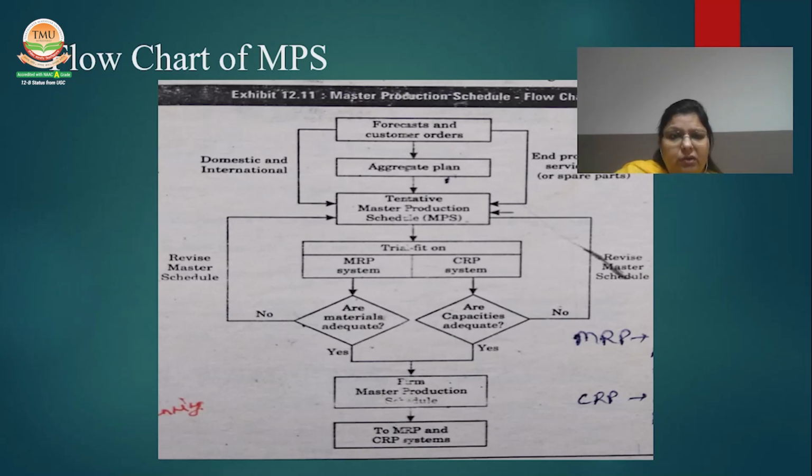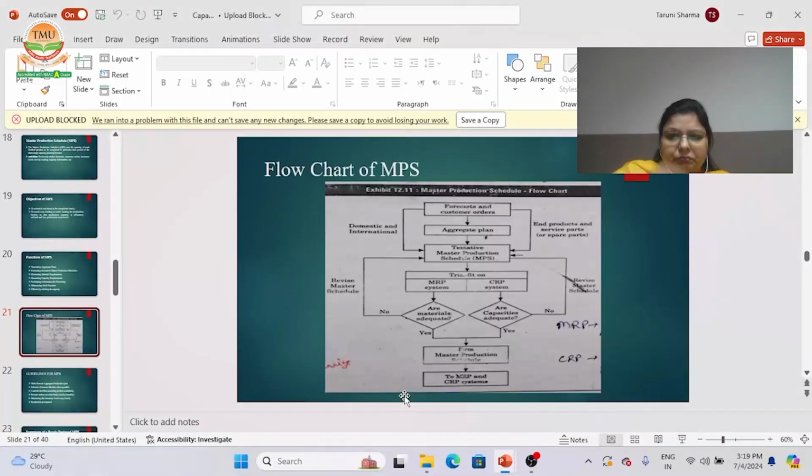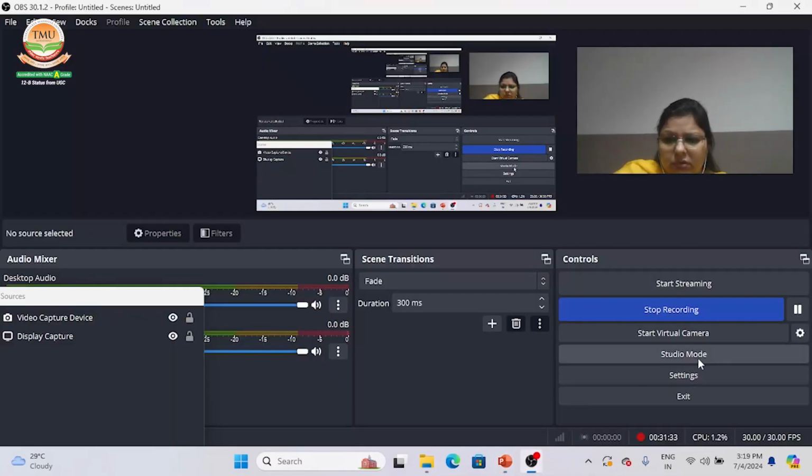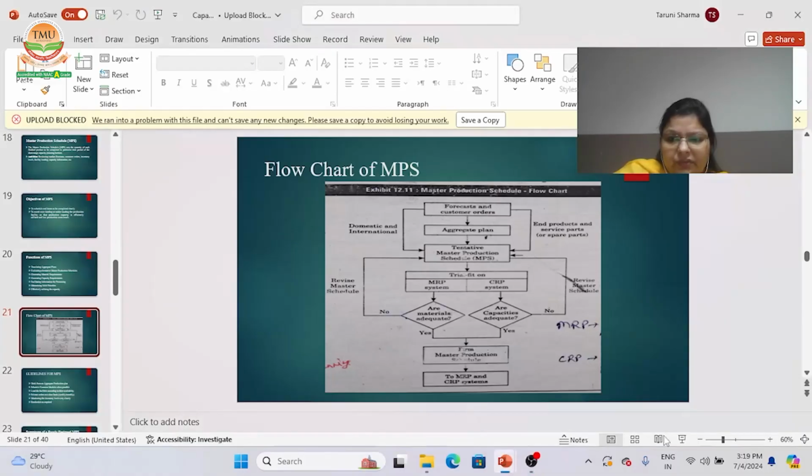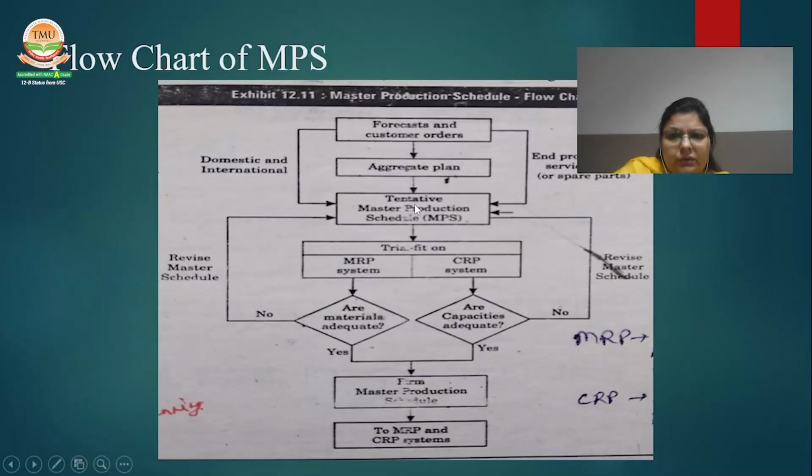This is a flow chart of your master production schedule. Let's discuss this flow chart. Here you see that there are three different categories of this particular plan, and this picture has been taken from the book of production and operation management.